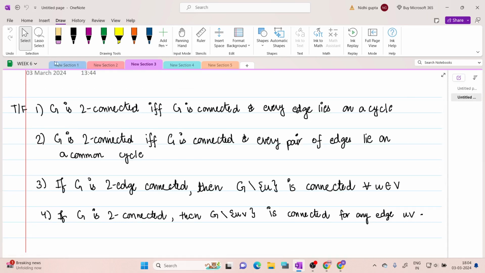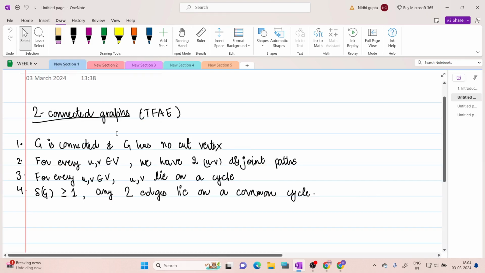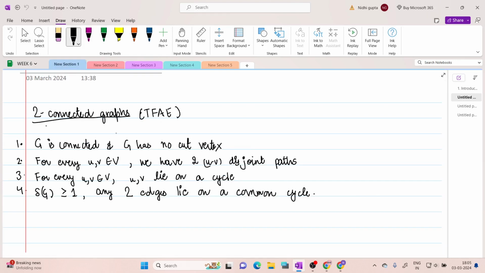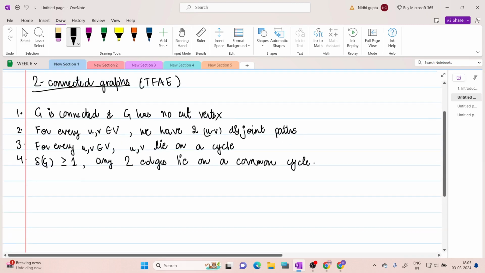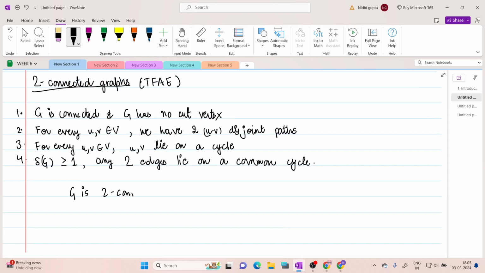So now in particular we'll study two connected graphs. What do we mean by two connected graphs? Two connected graphs means that first of all they are connected, and k connected means that if we remove k minus 1 vertices, then the graph should remain connected. So by two connected we will mean that if we remove one vertex, then the graph should remain connected.